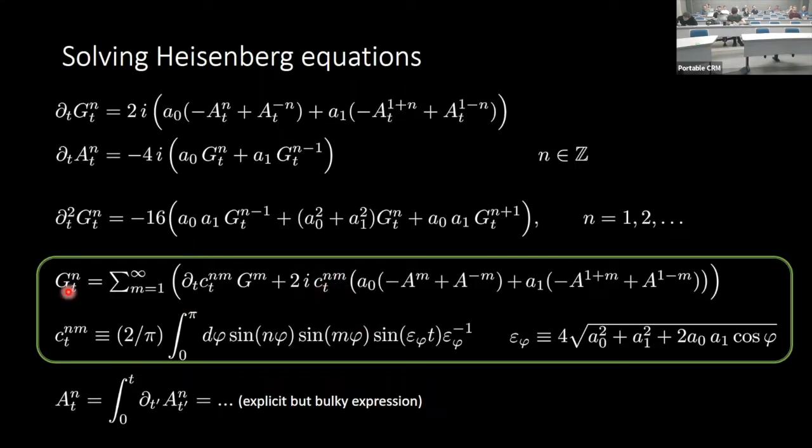So on the left-hand side, we have a Heisenberg operator which we wanted to find, and we find it as a linear combination of Schrödinger operators, which we know explicitly how they look, and just some c-number functions of t.